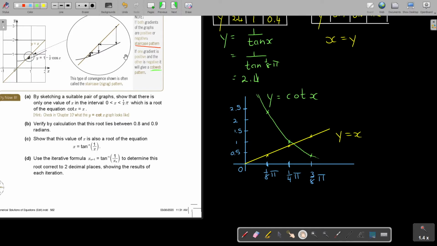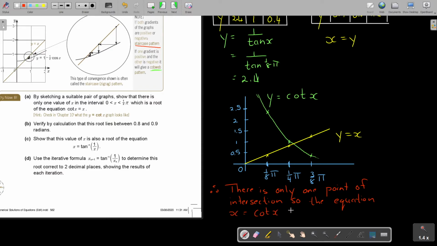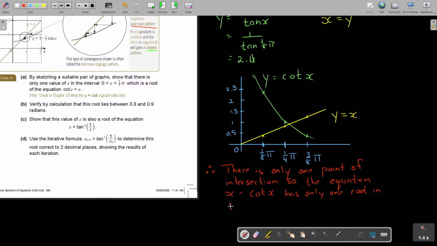So, I'm just going to end by saying, therefore, there is only one point of intersection, so the equation x is equal to cot x has only one root, that's very important, in the interval x is bigger than 0 and smaller than pi.